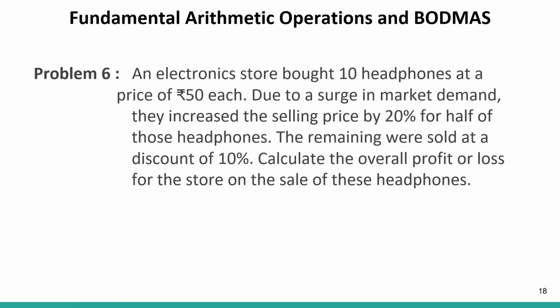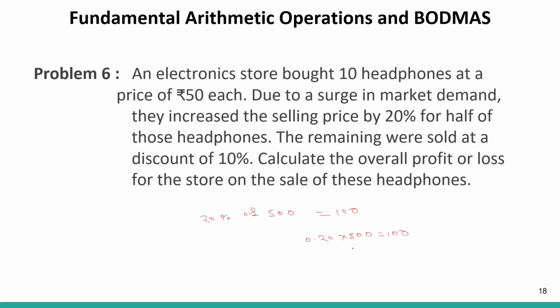What it asks us is, an electronic store bought 10 headphones at a price of 50 rupees each. So in total it cost them 500 rupees. Due to a surge in market demand, they increased the selling price by 20% for half.